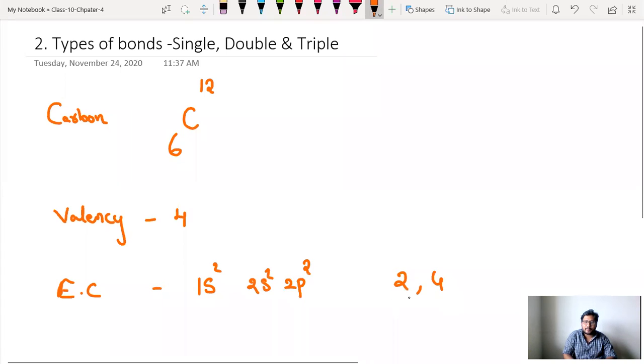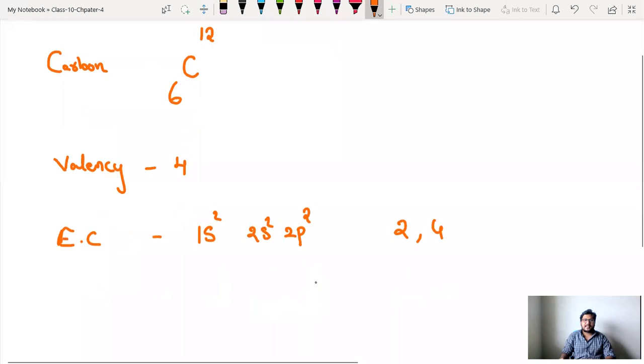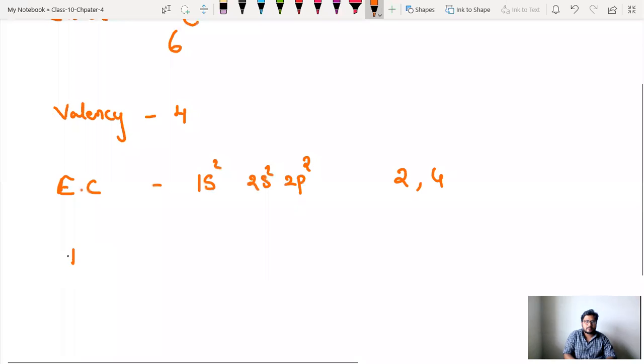So this 2 is regarding first orbit 1s2. This 4 is related to second orbit 2s2, 2p2. And to get stable, this carbon cannot lose electron, cannot gain electron.